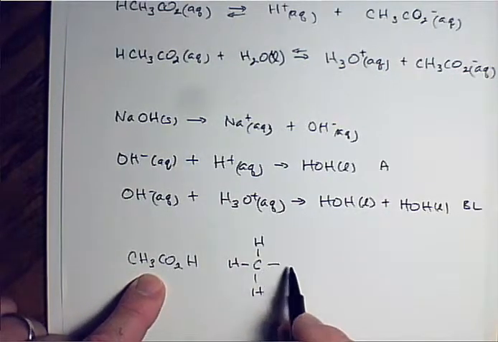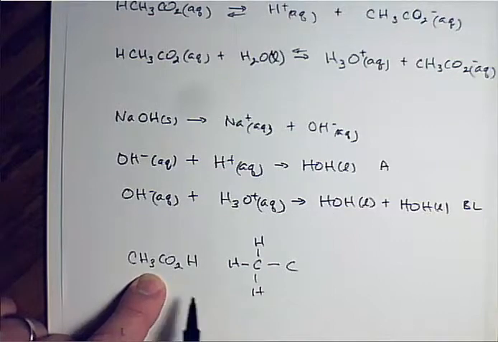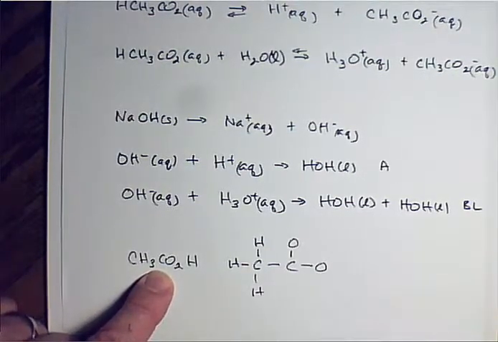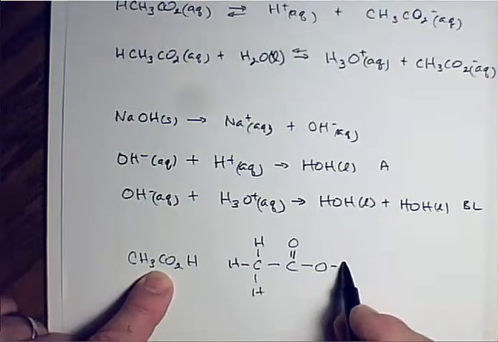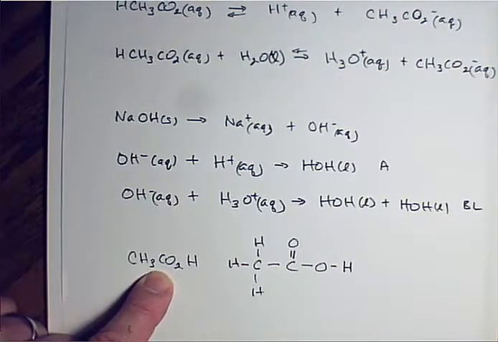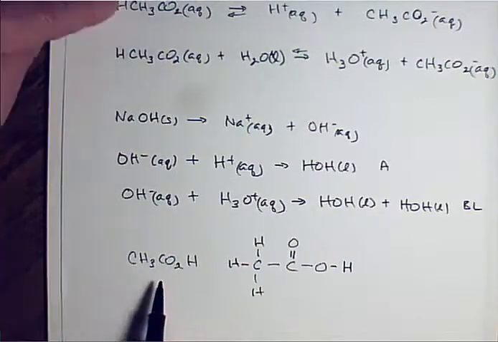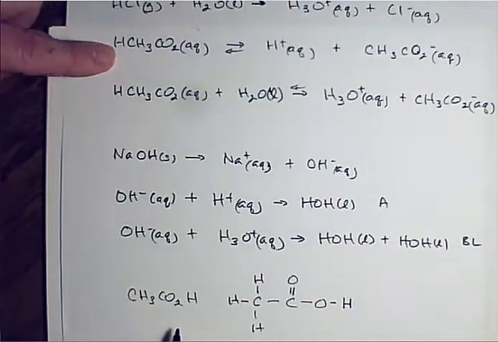This carbon is attached to another carbon, and that carbon has two oxygens on it. One of those oxygens is double bonded, and the other oxygen is attached to our hydrogen. So this is a Lewis formula for this same acid we have up here.